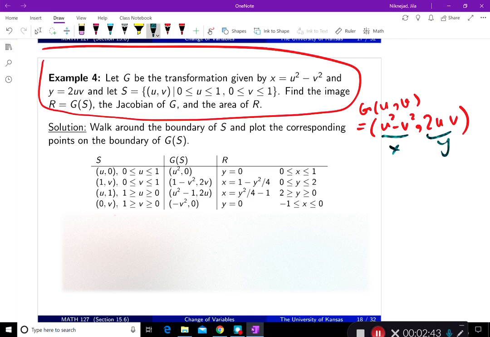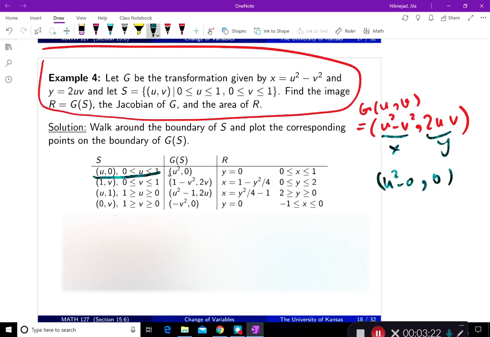First of all, the V component of every point on this boundary is 0, and the U component is between 0 and 1. So that's the one that we're looking for. Then if I plug in u and 0 into G, I get u squared minus 0, and 0.